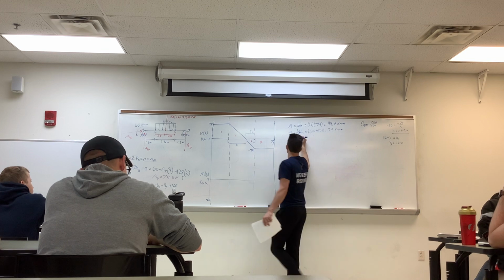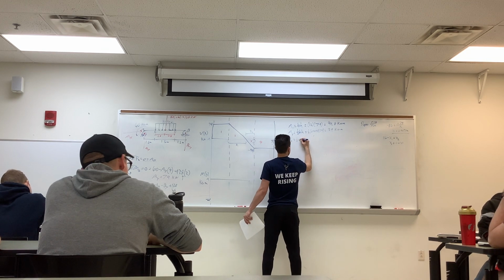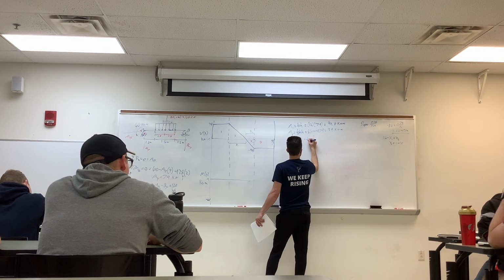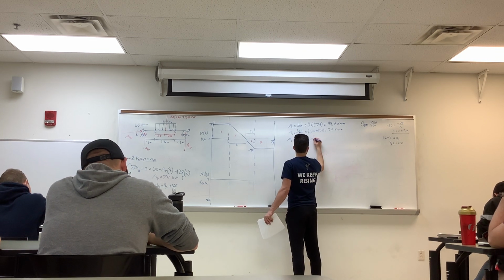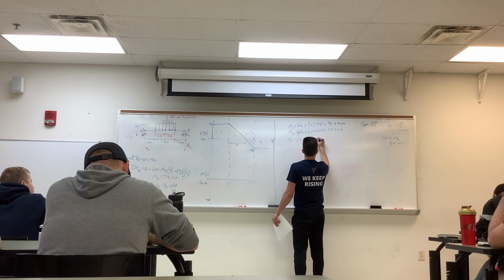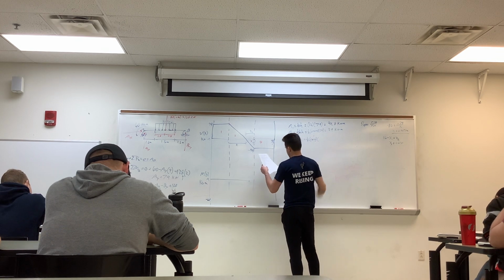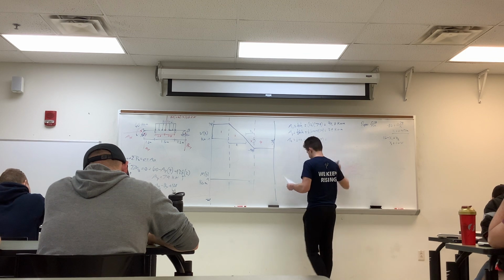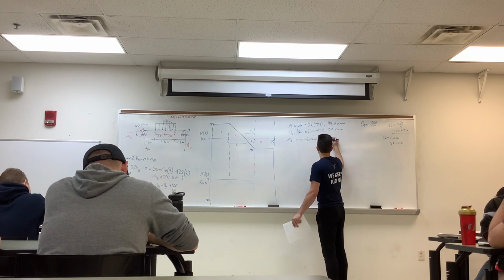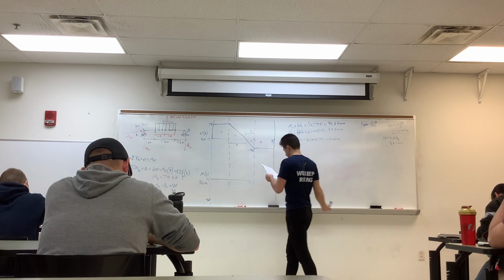Again, since it's a triangle, 1/2 base times height: 1/2 the base, 0.6125, and then that height is negative 49, giving us negative 15 kilonewton meters.